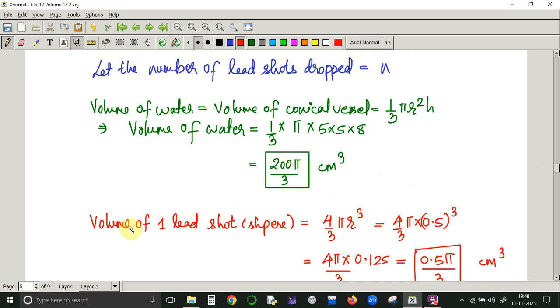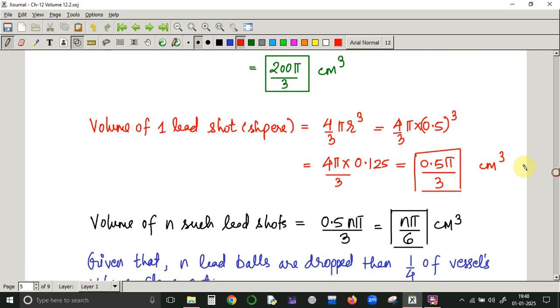Volume of one lead shot, 4/3 pi r cube. Put the value of r, do the calculations, keep the answer in pi. This is the volume of one lead shot.